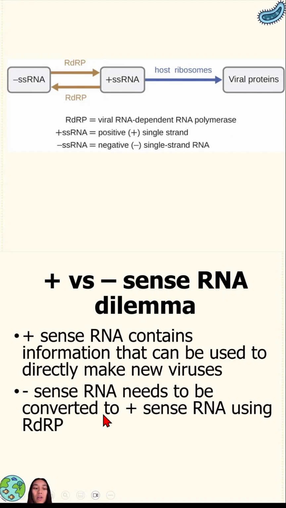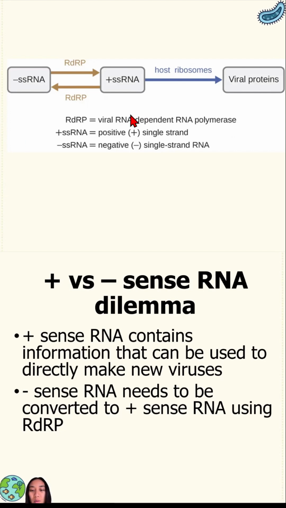But negative sense RNA is basically inverted. So the information to make a new virus, imagine if it was written backwards, like if you wrote your name backwards, right? And so that information needs to be written in the normal direction first. So basically it needs to be decoded in the normal direction before it can be used.